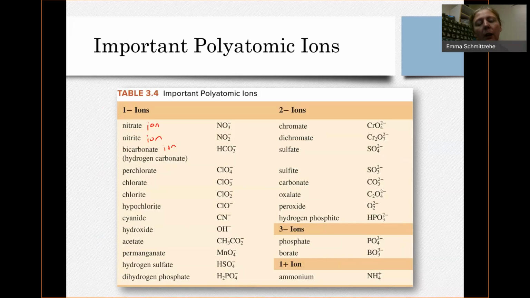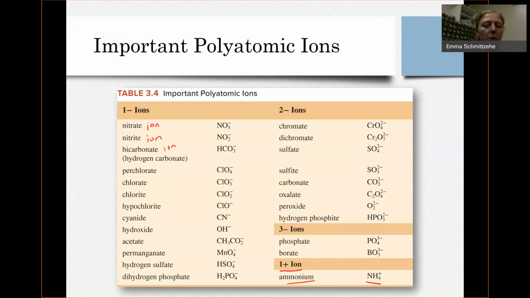One other thing, on this table, notice that they have this 1+ ion, ammonium ion. That's really the only polyatomic cation that you run across. I mean, there are more, but the other polyatomic cations that exist just aren't commonly used, at least at a lower level of chemistry.